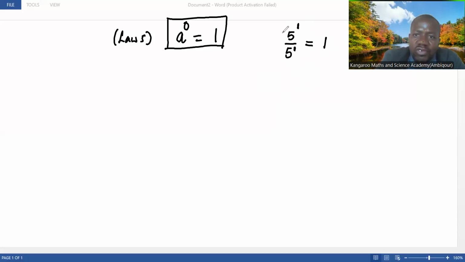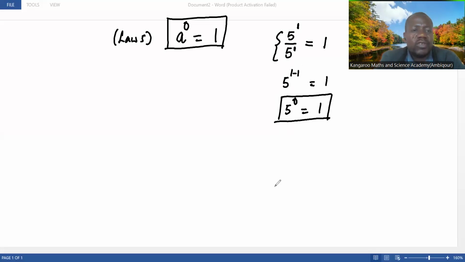So I want us to use the division law here: when the bases are the same, we take one base and subtract. So this becomes 1 minus 1. Still, we said this equals 1. But this becomes 5 to the power of 0 equals 1. So it means any number raised to the power of 0 always equals 1. That's the answer.